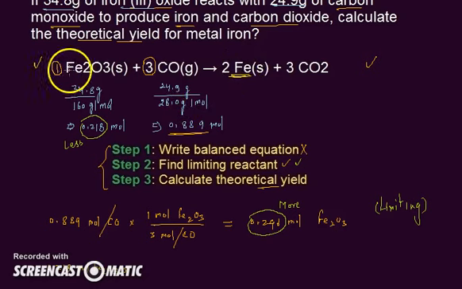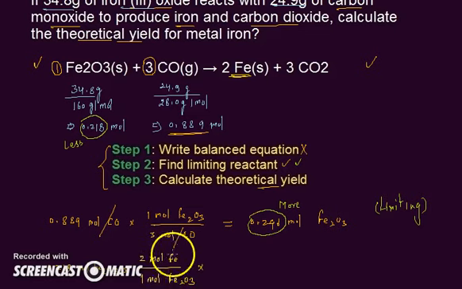Here you can see that 1 mole iron oxide produces 2 moles of iron. That's why the mole ratio is 1:2. And since we are going to calculate the moles of Fe, we put the moles of Fe at the top. Here we have 2 mole Fe, that is iron, and in the bottom we have 1 mole iron oxide.